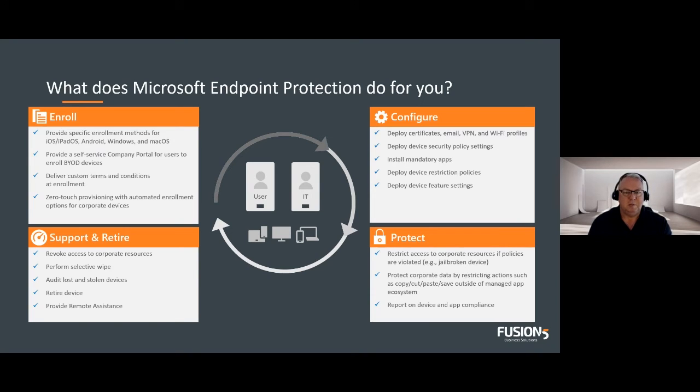That device then respects the policy you've applied from a compliance point of view. And the device says if you open up a document marked as top secret from a sensitive point of view, you're not allowed to cut and paste, or you can cut and paste into another Office document that is also part of your network, but I can't cut and paste into WhatsApp and send it off to a competitor, for instance. So that's where the protect service kicks in.